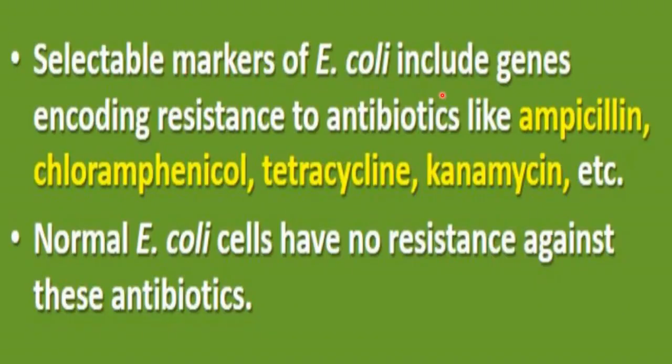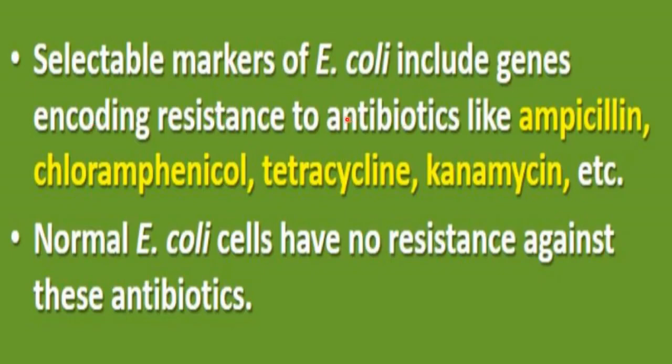Selectable markers of E. coli include genes encoding resistance to antibiotics like ampicillin. So we are saying, what are selectable markers? These are basically genes. So which genes are used in E. coli for selecting the transformants from non-transformants? Some antibiotic resistance genes.